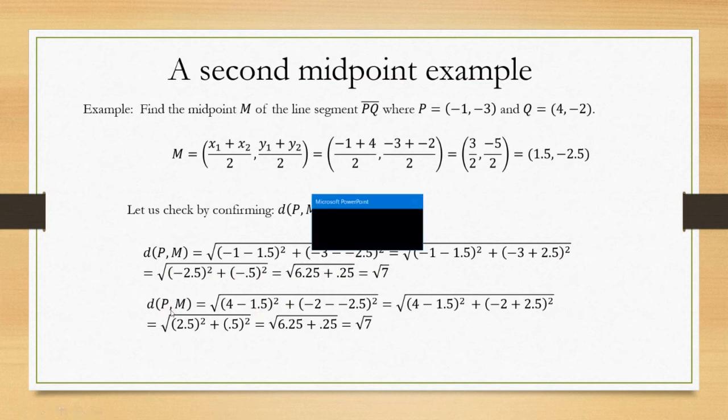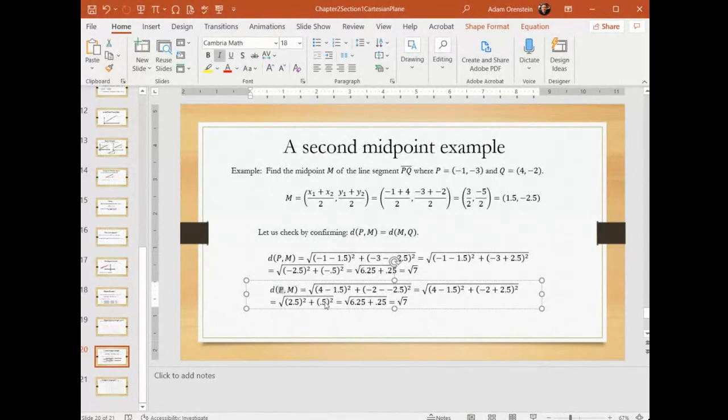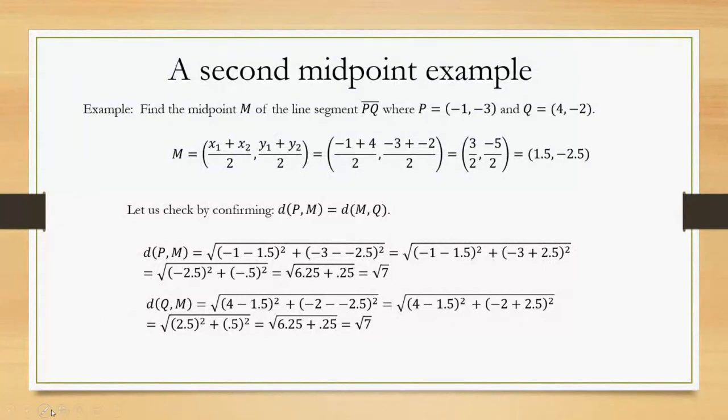And then the distance from Q to M, that should be a capital Q. Let me fix that quickly. From Q to M. What do we get? Same idea, right? We have 4 minus 1.5. You subtract the x coordinates of Q and M, and subtract the y coordinates of Q and M. So we have 4 minus 1.5 squared, which is 2.5.